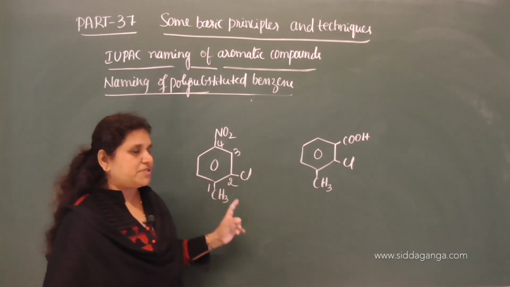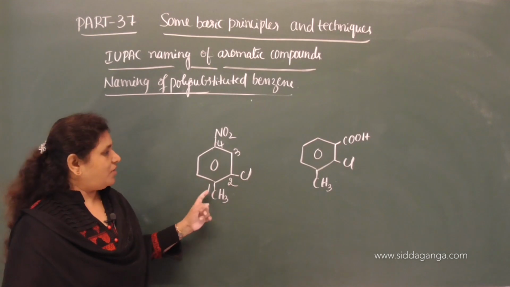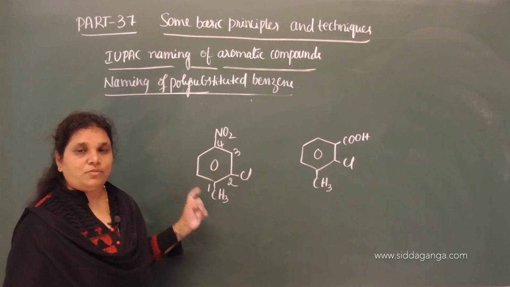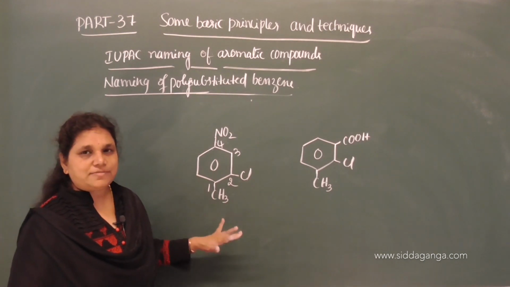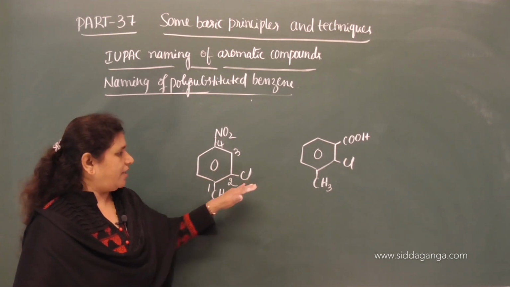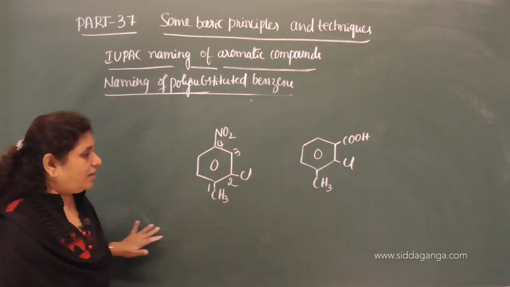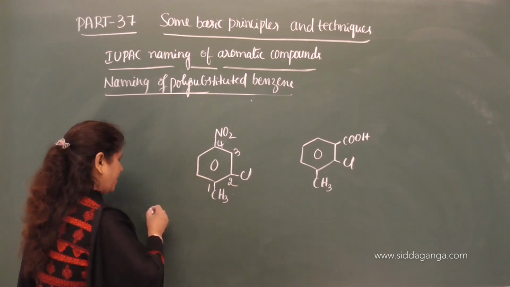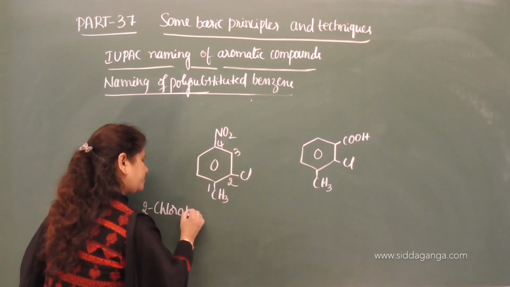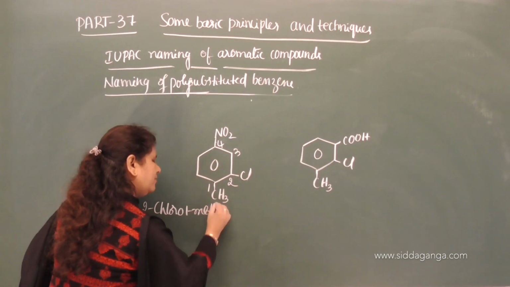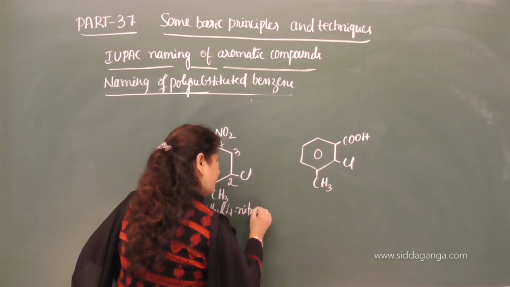Since all the groups are substituents, again we have to take benzene as the root word. So, now this is a substituted benzene. What substituted? Tri-substituted benzene. What are the 3 substituents? One is methyl, another one is chlorine, another one is nitro. Again arrange them in alphabetical order and give the root word at the end. So, what is the alphabetical order? 2 chloro, 1 methyl, 4 nitro, benzene.